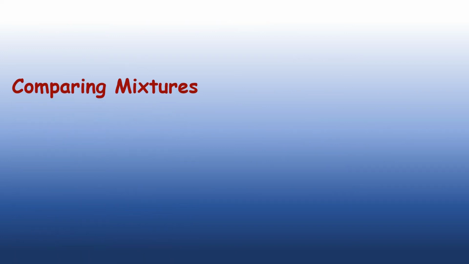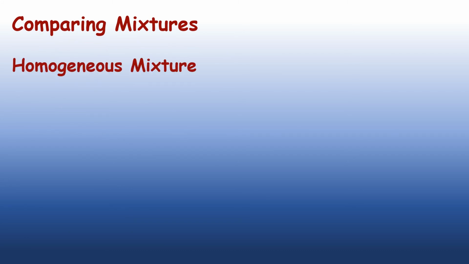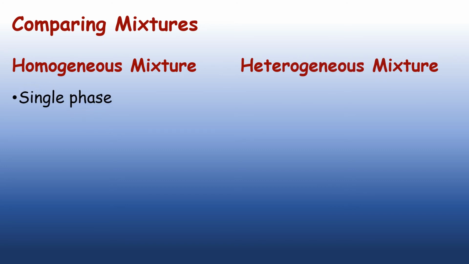Now let us compare mixtures. Mixtures can either be a homogeneous mixture or a heterogeneous mixture. Homogeneous mixtures have a single phase, while heterogeneous mixtures have more than one phase. A single phase mixture means that you can only see one part of the solution, while heterogeneous mixtures can show you most of the parts or most of the components of the mixture.